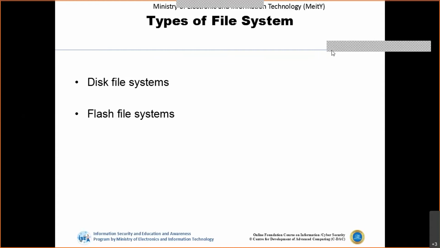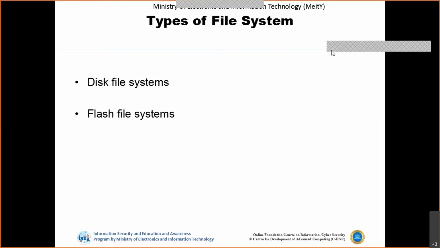When we talk about flash file systems, these are specifically designed for storing files on flash memory devices, like the ones we use in smartphones, or recently we are also using flash memories in the operating systems on normal desktops. These are more prevalent as the number of mobile devices is increasing and the capacity of flash memory is also increasing.